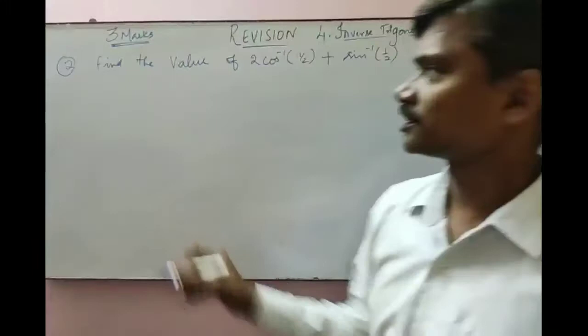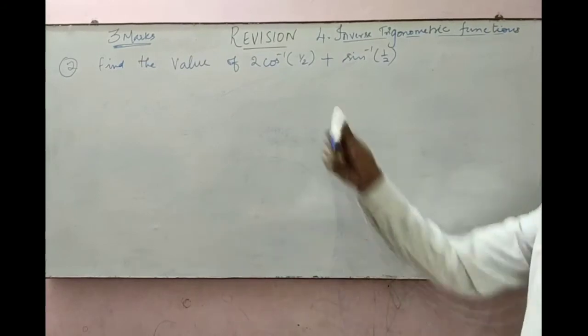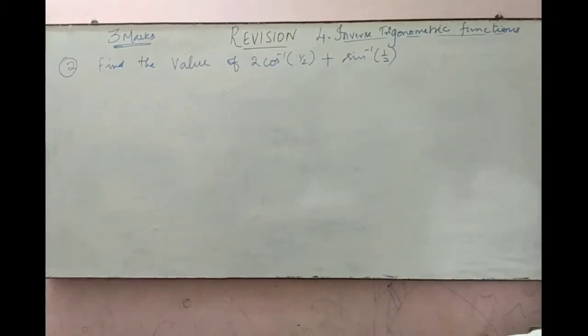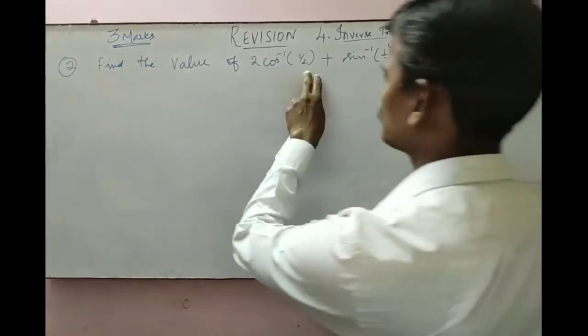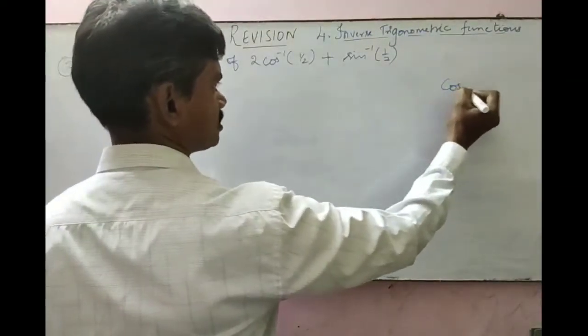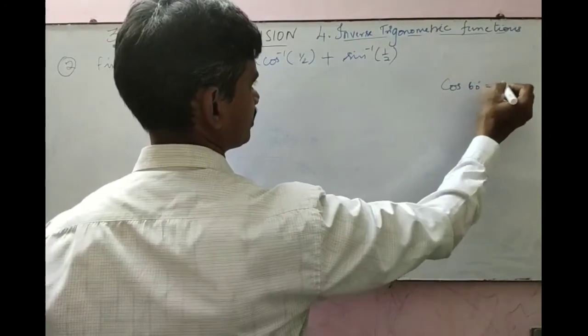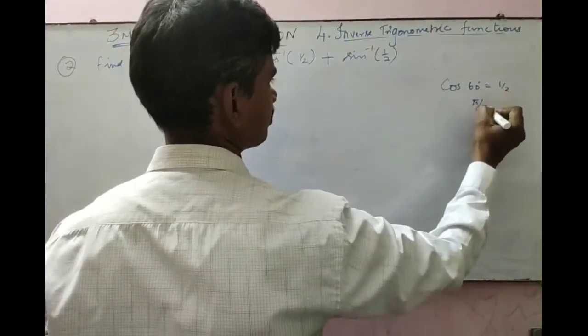In the second sum, find the value of 2 cos inverse of 1 by 2 plus sin inverse of 1 by 2. Here these two values are known table values only. Cos inverse of 1 by 2. Cos which degree is 1 by 2? Cos 60. Cos 60 degree is 1 by 2. 60 degree can be written as pi by 3.